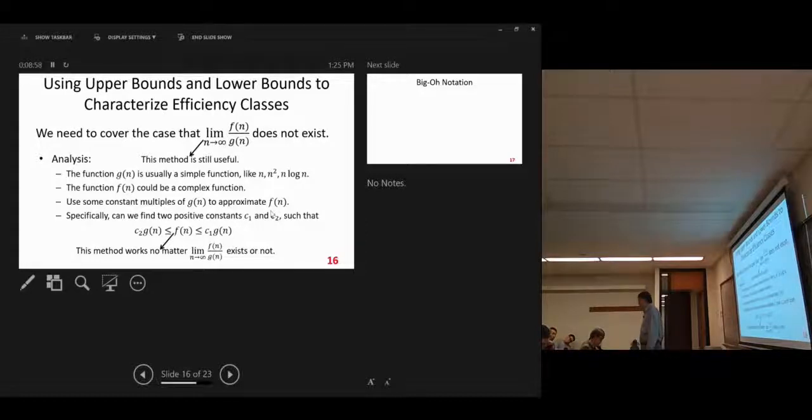But in this case, with upper bound and lower bound, can you use L'Hopital's rule? No, you cannot. So that's why sometimes it is not very easy to estimate in this way. All the methods we use for the limit are still useful for us. Don't throw them away.